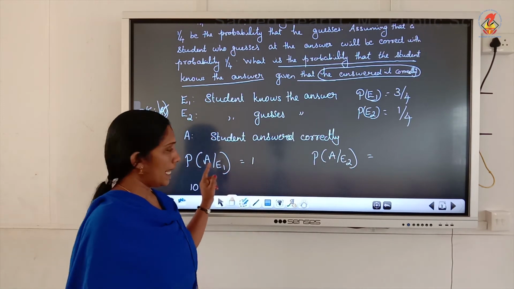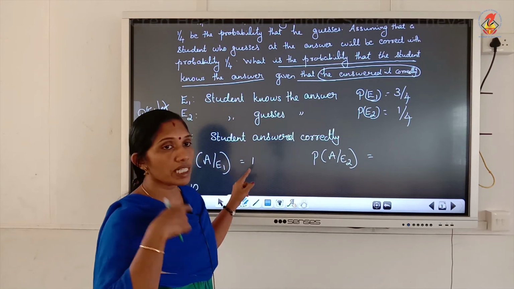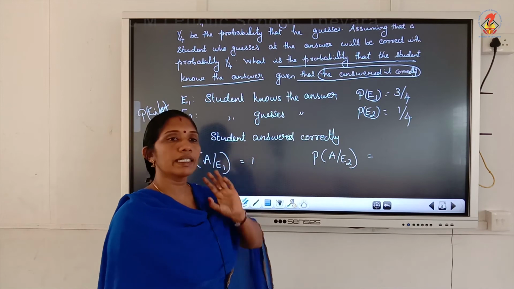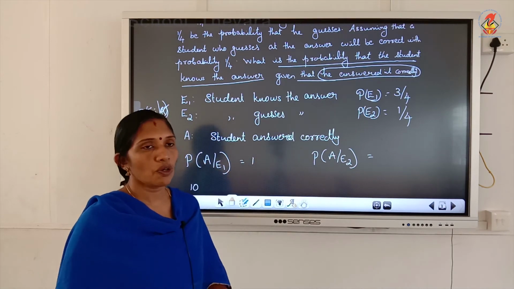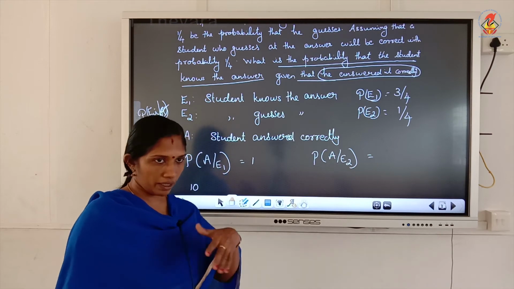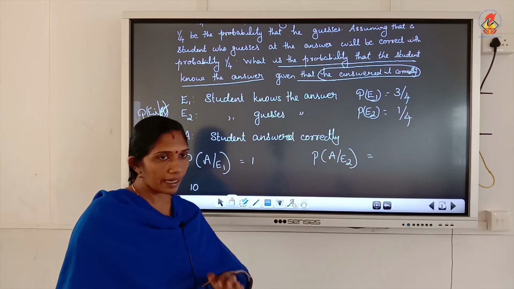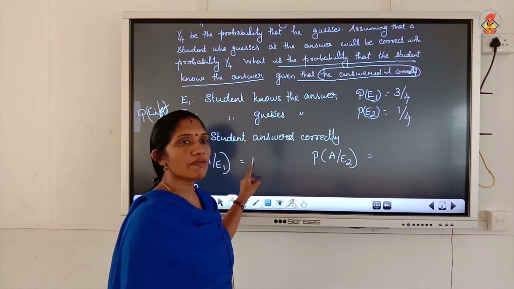Understood this? A given E1 means the student knows the answer, and what is the probability that the student answered correctly? So everything he knows, for all the questions he writes the correct answer, isn't it? So the probability we can take as 1.